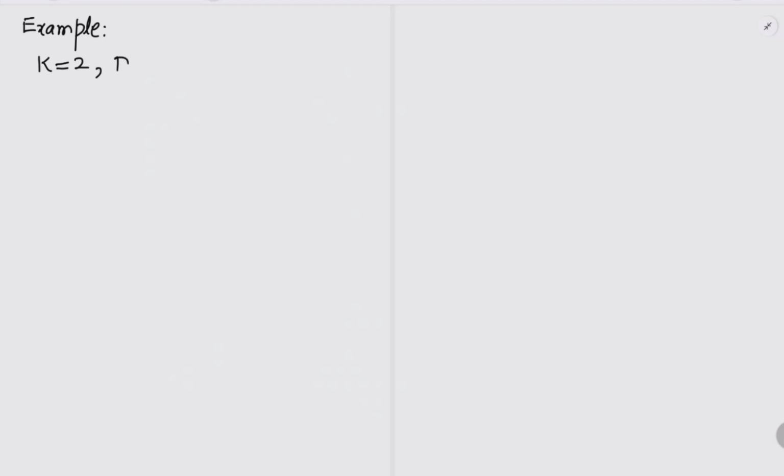The data set is simple: D is 1, 2, 3, 7, 8, and 9. These are a subset of R, and the measurement between a data point X and the centroid mu is defined by the absolute value of X minus mu.